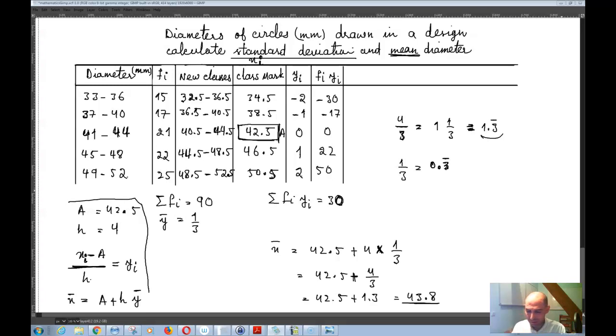And 46.5 minus 42.5 would be 4, divided by 4 would be 1, okay.